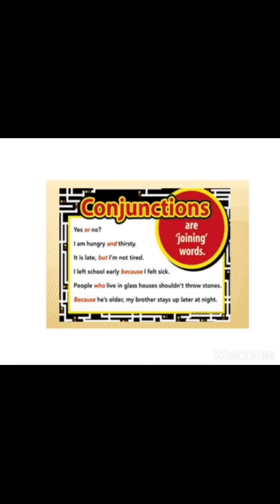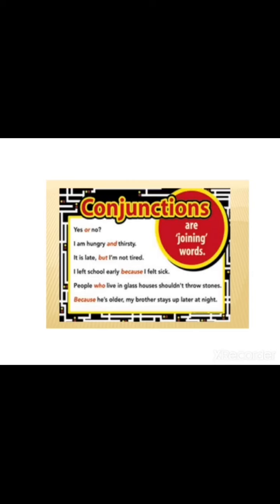I am hungry and thirsty. So the word and is joining hungry and thirsty, these two words. It is late, but I am not tired. So the word but is joining two sentences: it is late and I am not tired. So you can read up all the examples that have been given here.